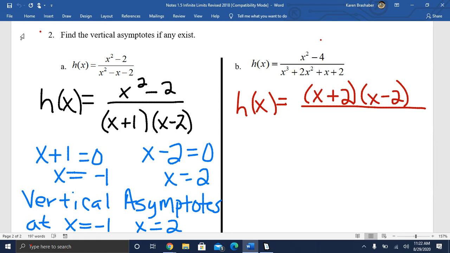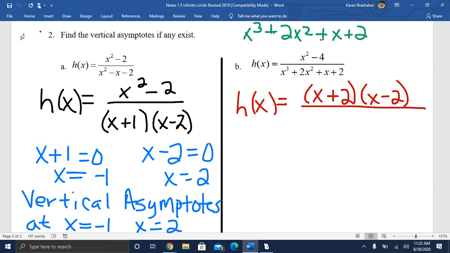Now your denominator, which is x to the third plus 2x squared plus x plus 2, now that has 4 terms. So just a quick review on factoring for that.